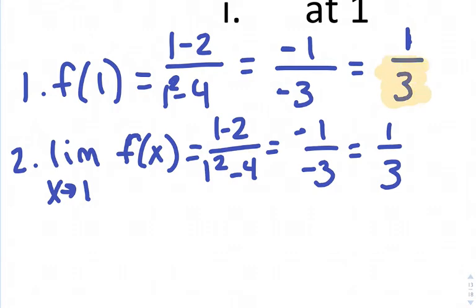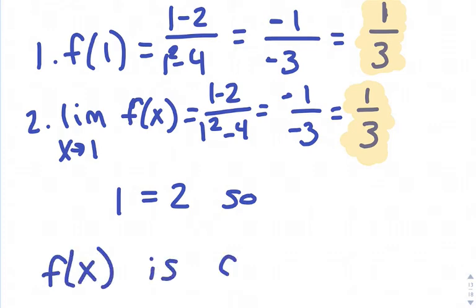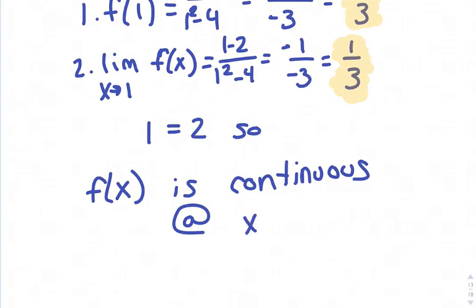So I notice that f of 1 is 1/3 and the limit is also 1/3. Therefore, both of my conditions are equal to each other. So f of x is continuous at x equals 1. So same number, it's continuous.